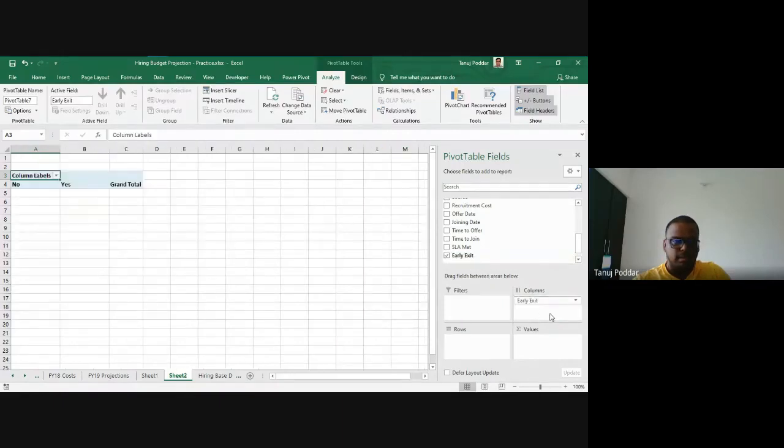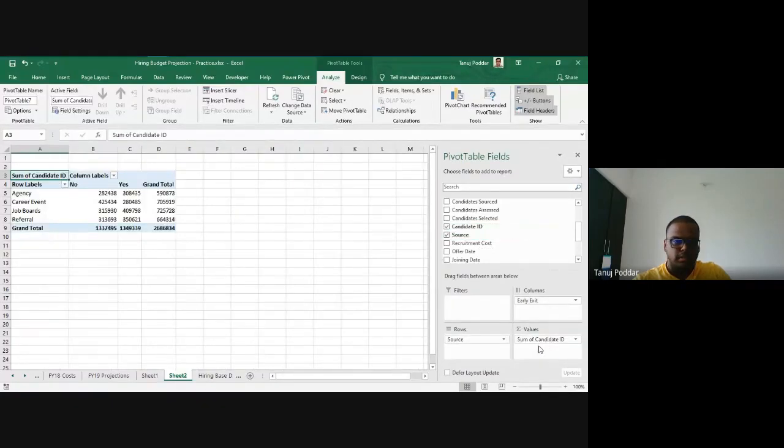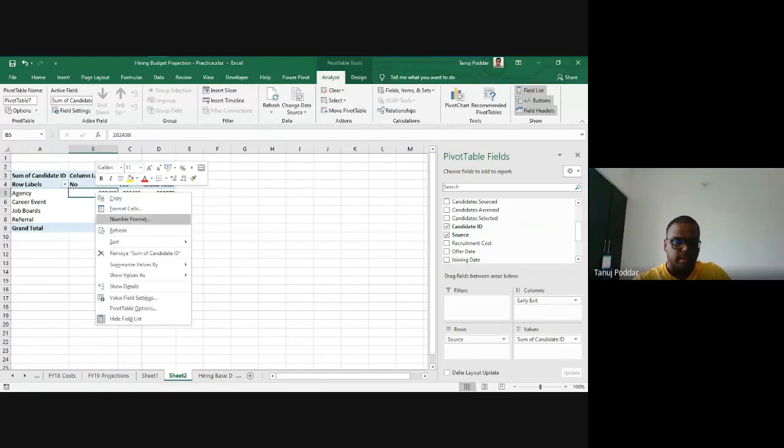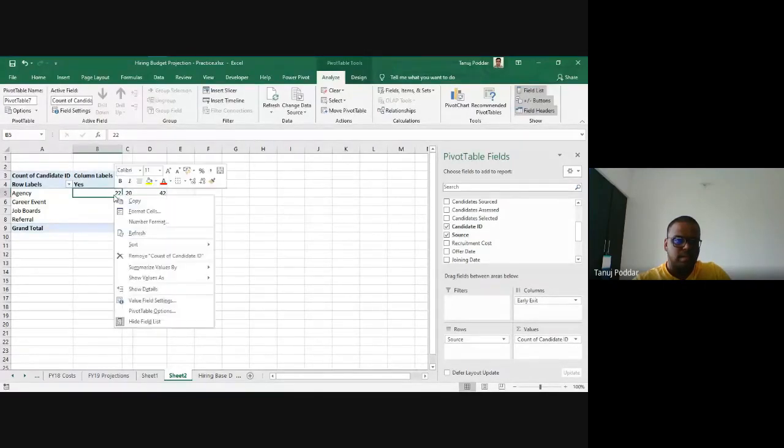I'll just take it up in the column and I'll take the different sources. And I'll just populate that. How many employees did I have? And I'll view this in percentage terms.